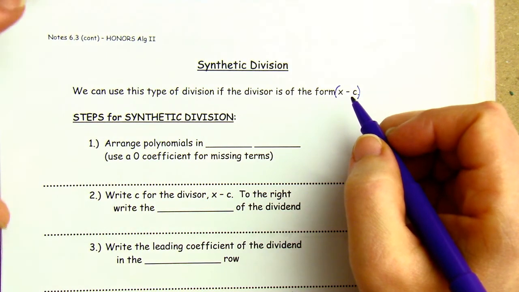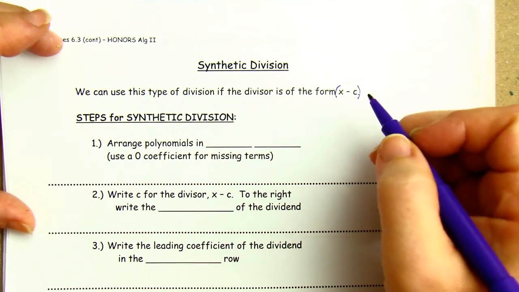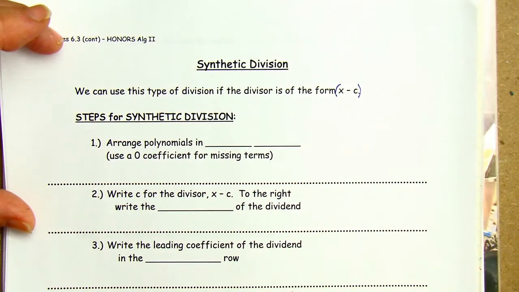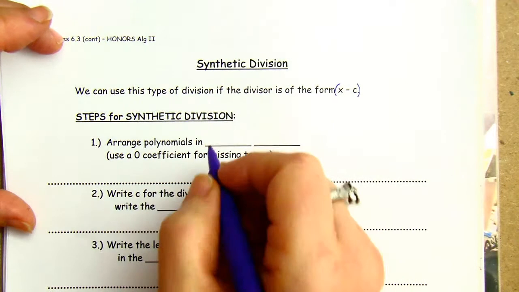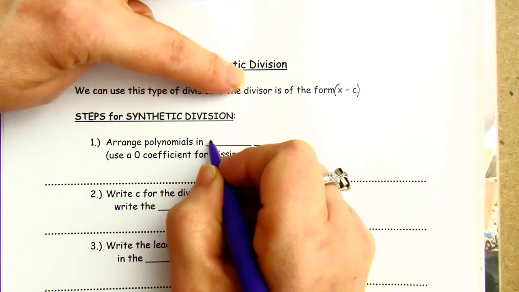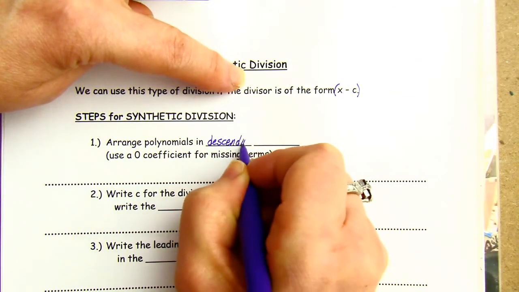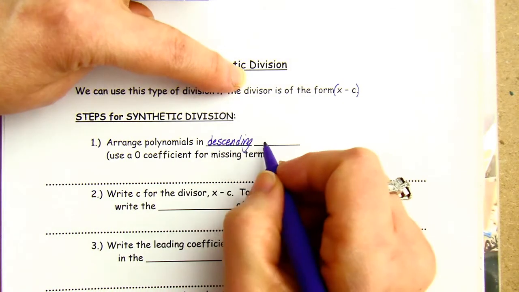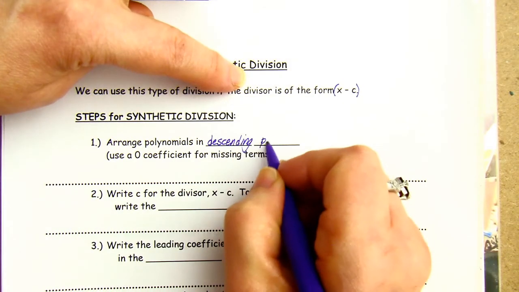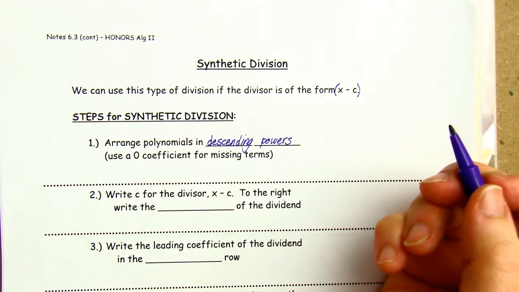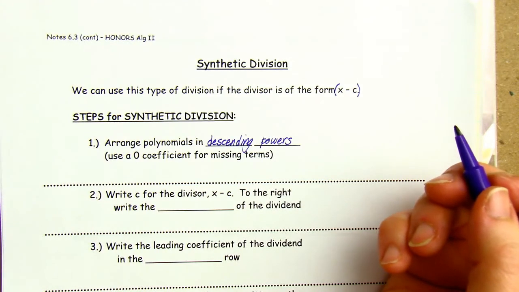functions. All right, so what you want to do is, just like we did before for long division, you want to arrange the polynomials in descending order. Or we'll say the powers are descending. Okay, so it has to be highest to lowest.